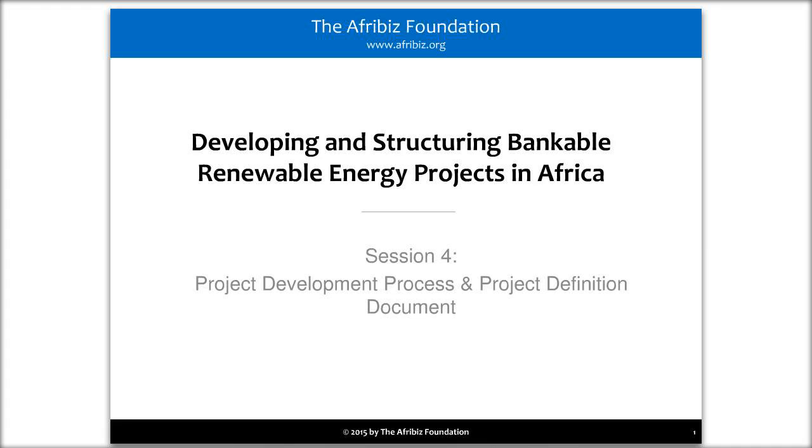It's a document that lays out the parameters, the scope, and the framework of your project, and it's the first externally communicated document in writing. You'll see how this particular document ties into all of the things that we've been talking about earlier, and how important it is for getting your project on the move.